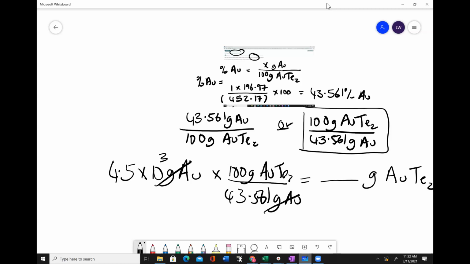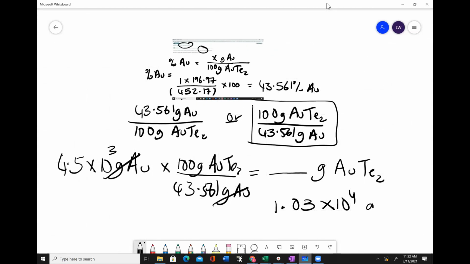So now I just put that into my calculator. 4.5 times 10 to the 3 times 100 divided by 43.561. And then that ends up being 1.03 times 10 to the 4 grams of the ore.